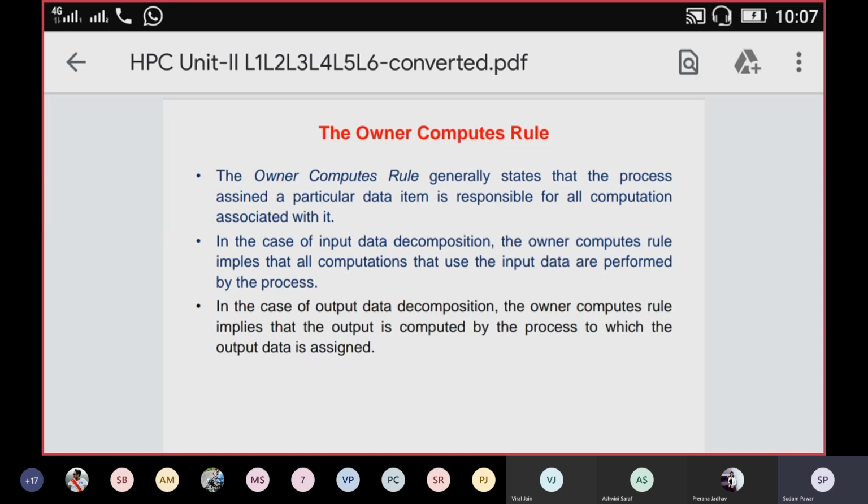In the case of output data decomposition, the owner compute rule says that the output is computed by the target process, the process which is going to utilize the output produced by the current process. So these are the two different ways of stating the owner compute rule.